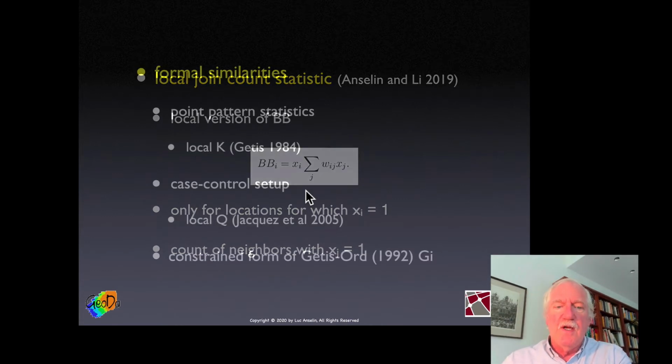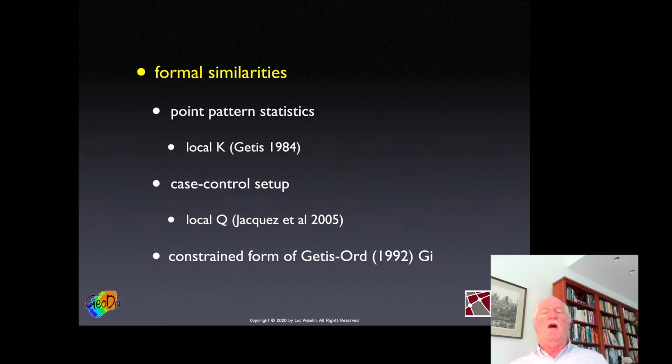These statistics came actually out of, a lot of them came out of point pattern analysis, and particularly there's a version in point pattern analysis. One of the most common statistics is the so-called K function, and there's a local K statistic that Art Getis proposed in 1984, which is very similar in spirit in that for any given point, it counts the number of points, points being events, in a given radius.